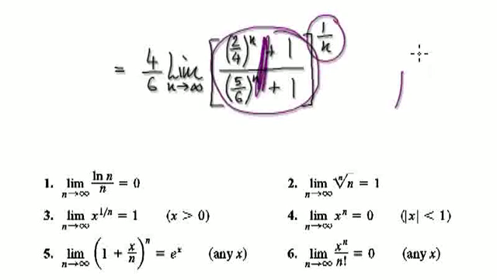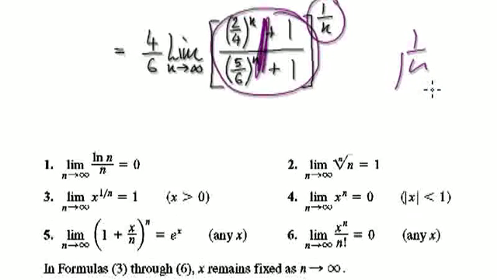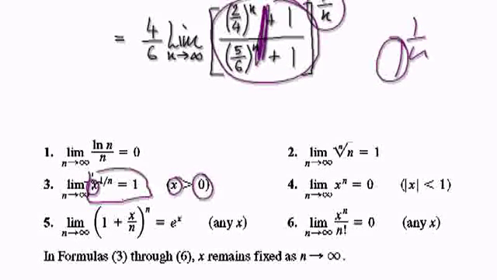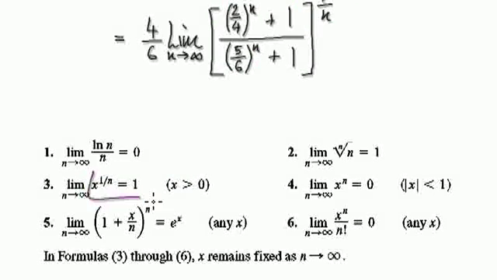So 1 to the power of 1 over n. Now we can make use of this. Our x here is 1, and 1 is bigger than 0, so we can make use of this now. Before, right from the start of the video, we couldn't, because x was 0, 0 to the power of 1 over n.